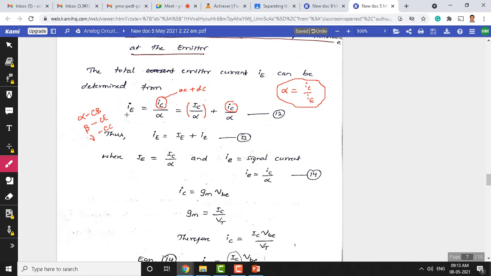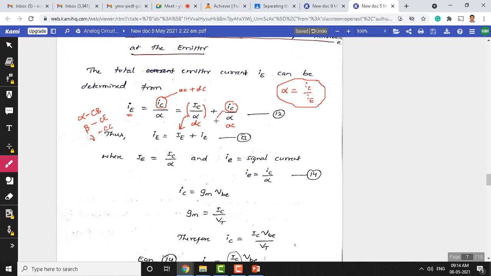So this is an expression for the total emitter current, which depends on both the DC collector current and the AC collector current. Together we can write the total emitter current as the DC emitter current, IC by alpha, plus the AC emitter current, which is the AC collector current by alpha.